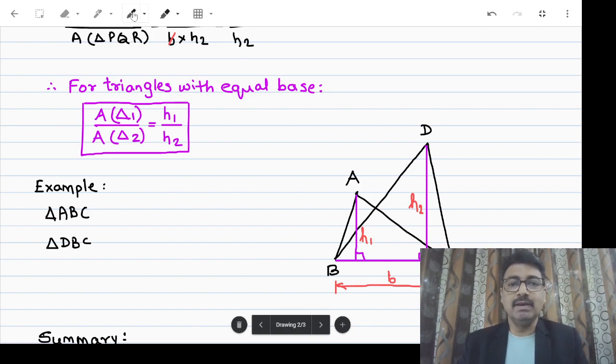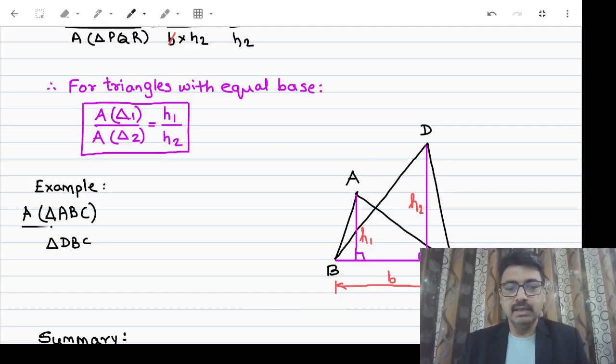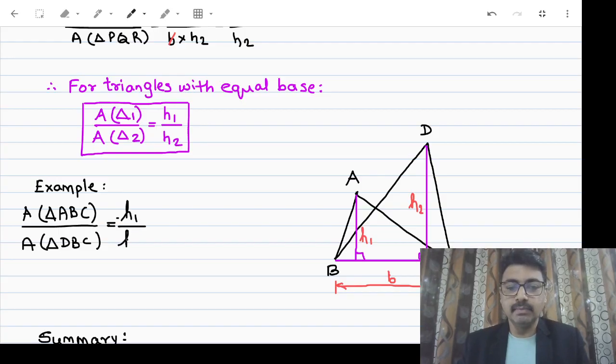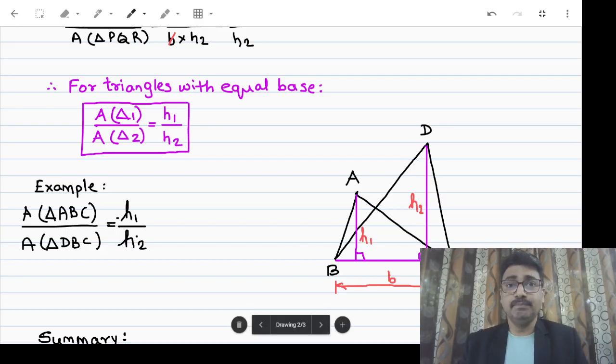So yes, here I can write the area of triangle ABC upon the area of triangle DBC will be, since the ratio of areas of two triangles with equal bases is equal to the ratio of their heights, H1 upon H2, right? Understood clearly?